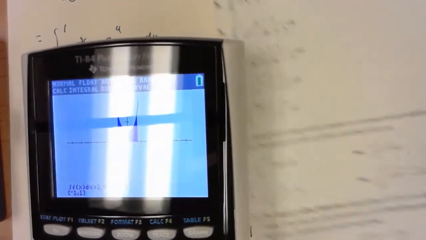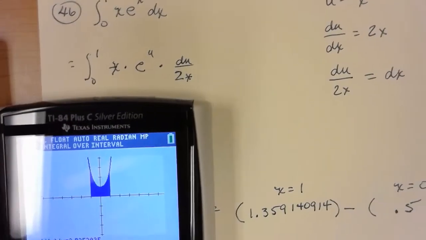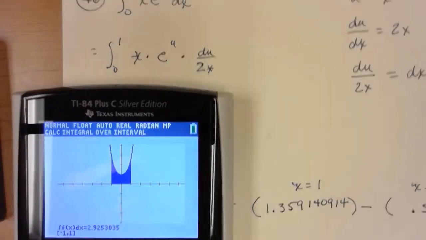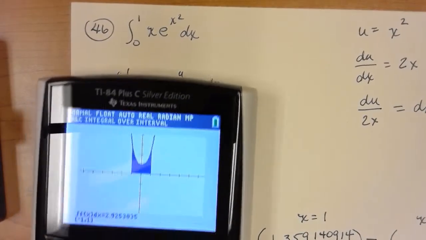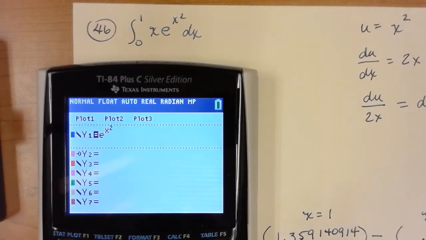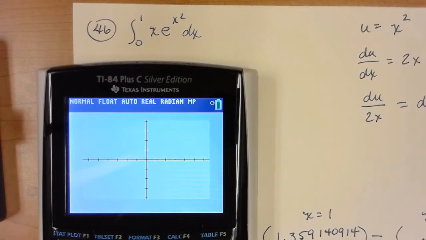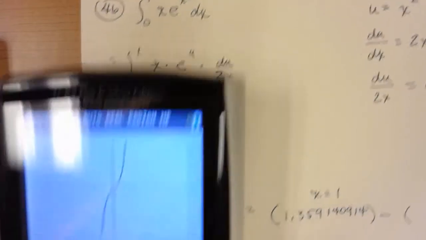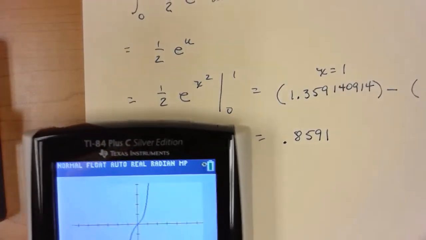In 46, let's go check 46. I type in my original, so y equals x second e to the x squared. Ask it to graph. Okay, and now I need to go from 0 to 1.